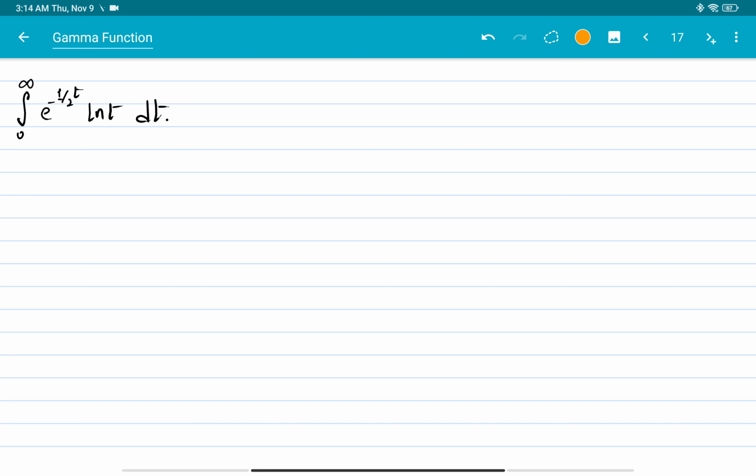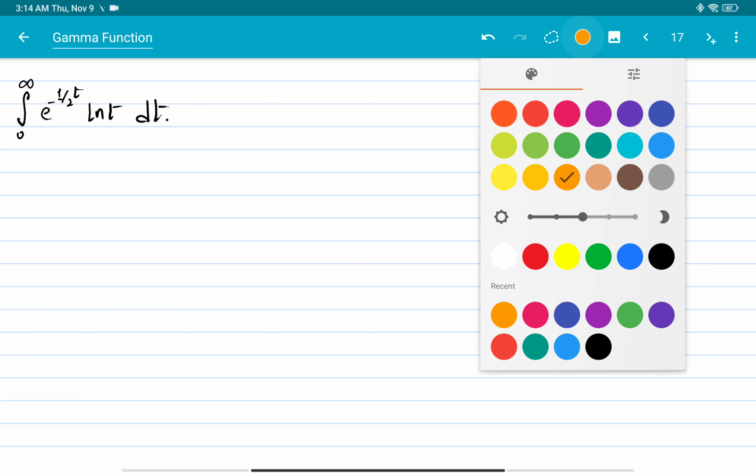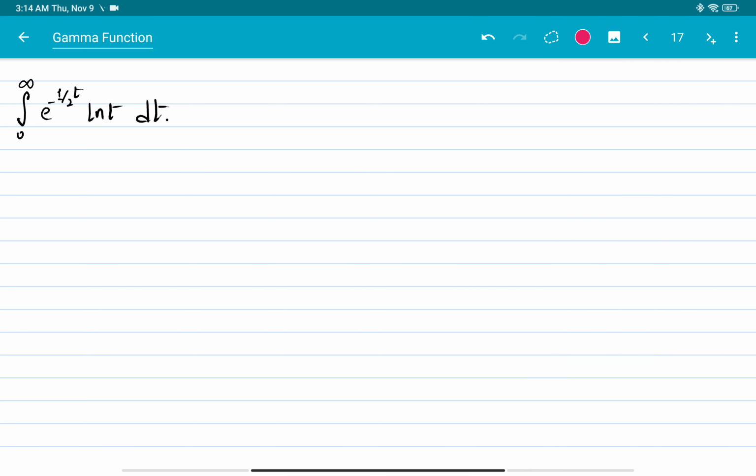So this problem is basically a gamma function problem.